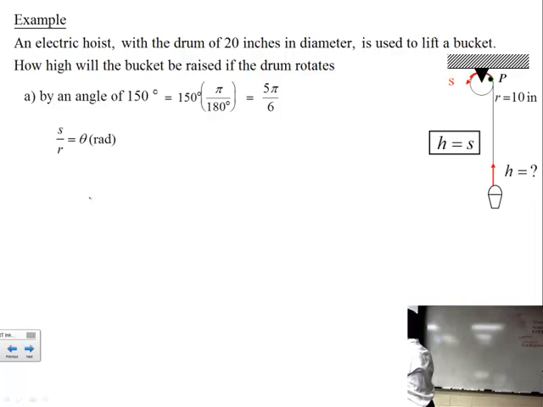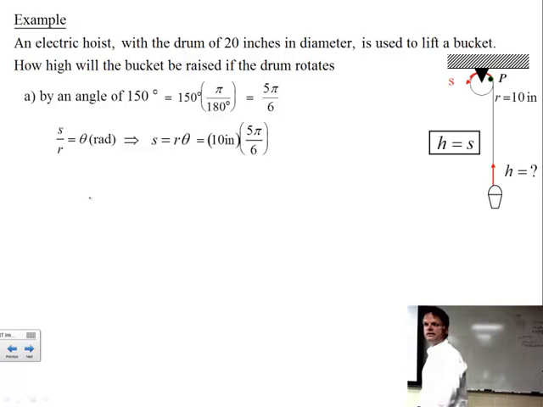And so theta is s over r. R is 10. So it's 10 inches times 5 pi over 6. Notice that I include the units there, inches, so there's no mistaking. Including units along with your calculations also helps prevent you making mistakes.